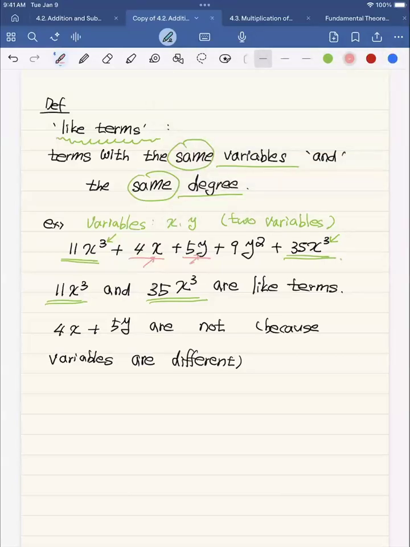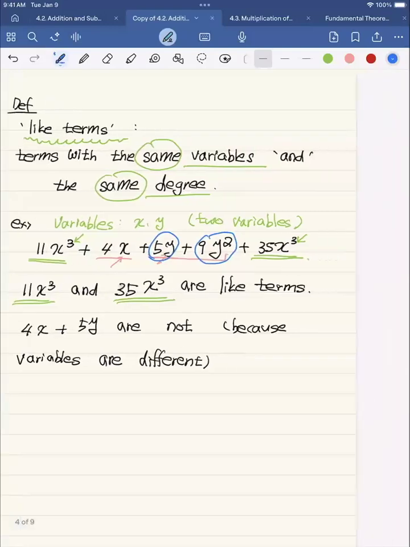And when we compare the next two, 5y and 9y squared are not like terms because the degrees are different.